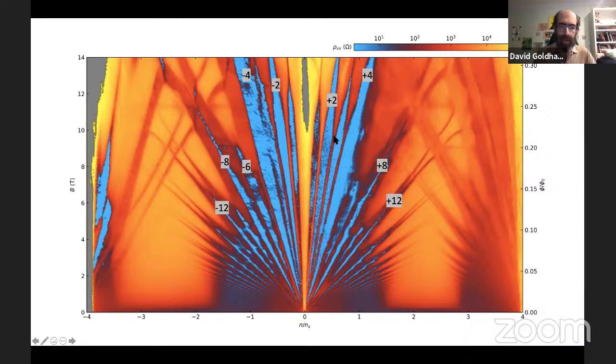But then when you start to see what happens when these Landau levels enter the region with strong magnetoresistance, you can see that they seem to split in two. And it occurs on both the hole side and the electron side. And that's really strange, and no one had reported that before. And there's one other strange thing that sort of jumps out here.